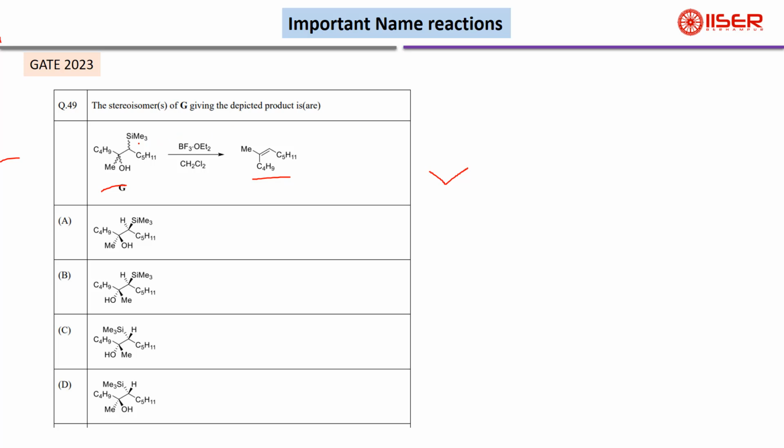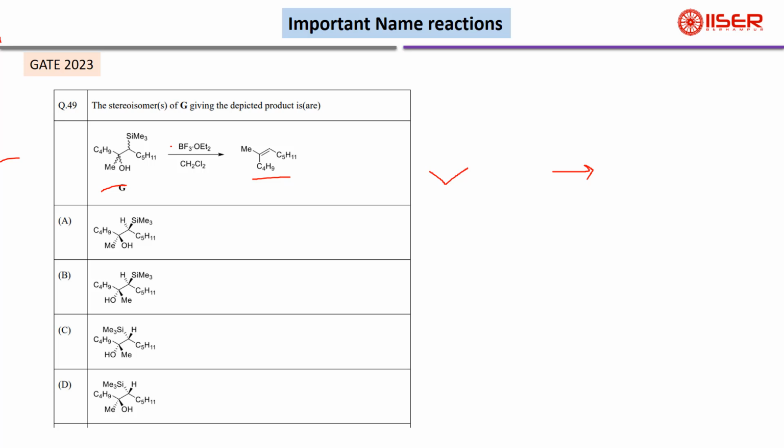they have not mentioned the stereochemistry of this bond. So we have to determine the stereochemistry of the bonds so that we can get this as our alkene. This is a kind of retrosynthesis because here we know the product, but we have to determine the stereochemistry of the substrate.